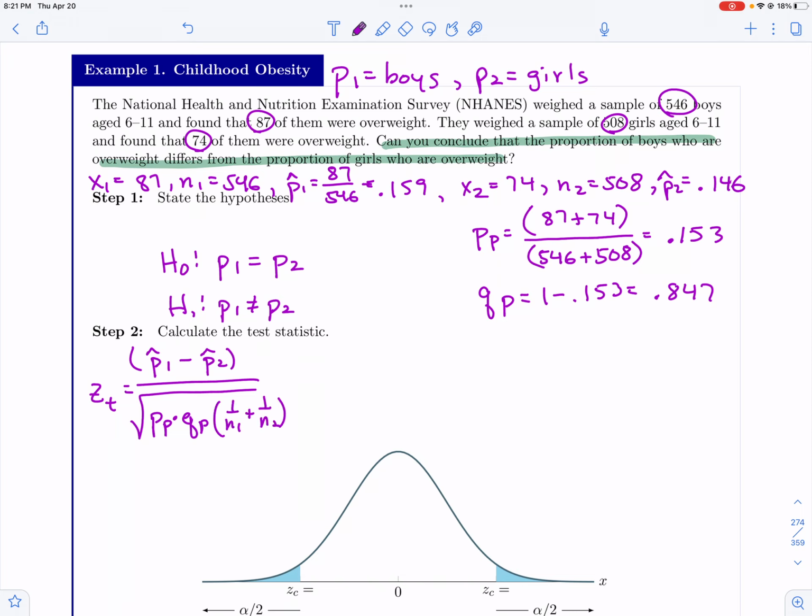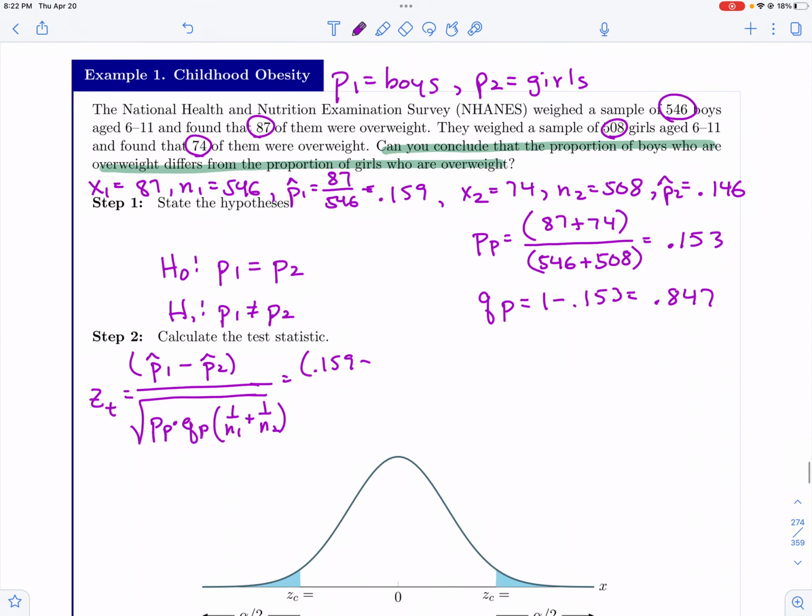All right, so we've got our P1 hat is 0.159 minus our P2 hat, which is 0.146, all divided by the square root of 0.153 times our 0.847, all times 1 over 546 plus 1 over 508.